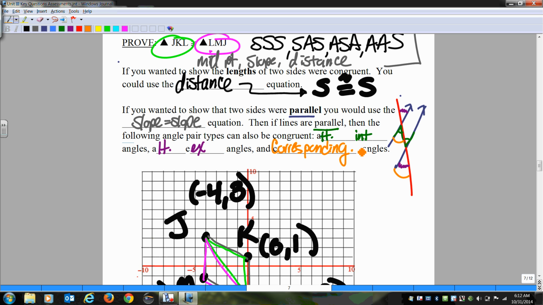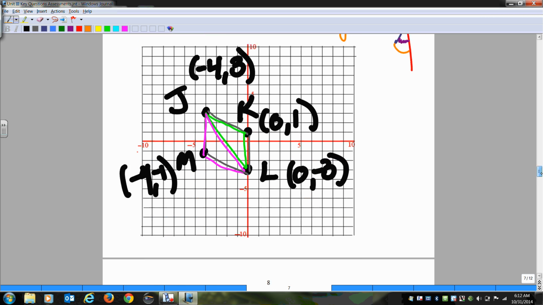So the question is, how can we apply either slope or distance to get the triangles equal? Well, I got good news for you. Technically, all 4 situations work. I want you to teach this step and then give your classmates a choice of what to do. We do have one freebie here.